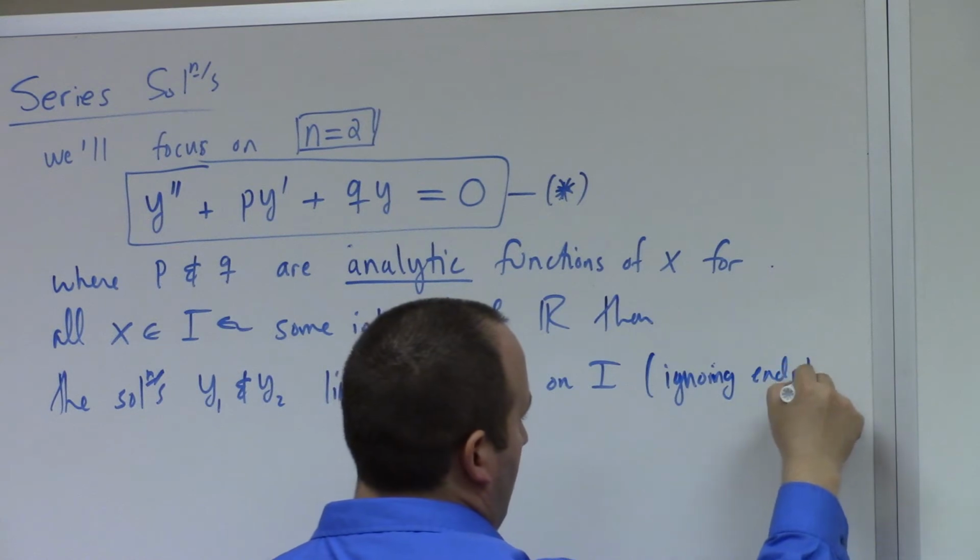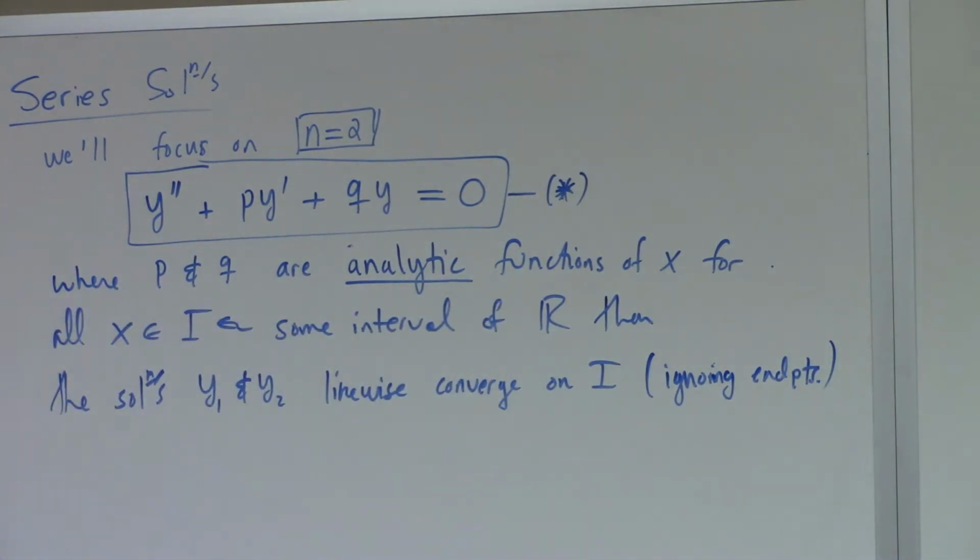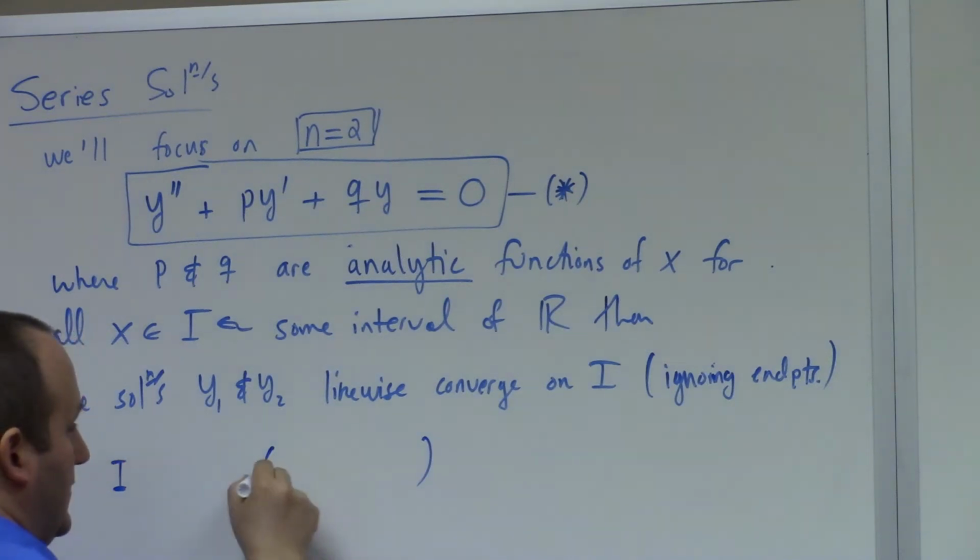I mean, what are possible domains of convergence for real power series? You remember? This I is not just any old interval. It has to have a very specific form. It has to be like one of these guys, right?